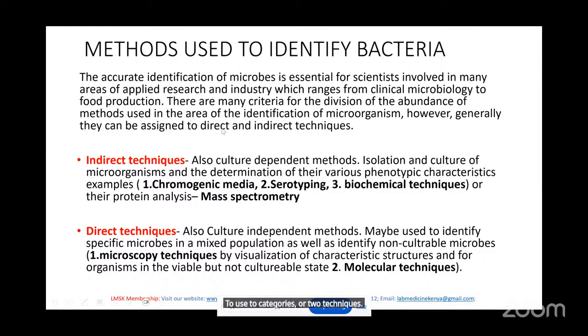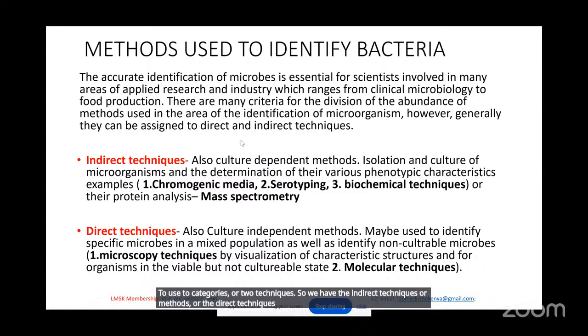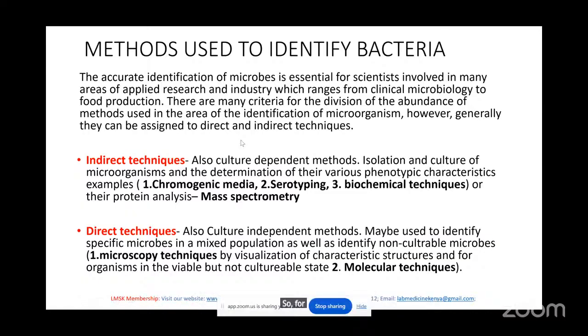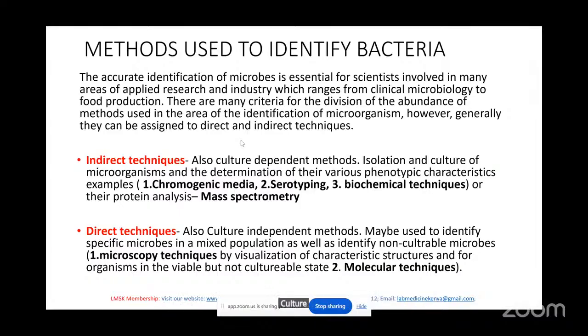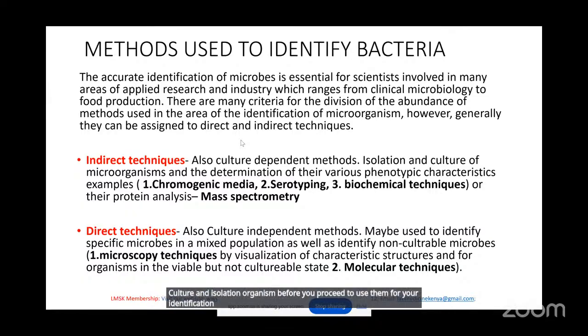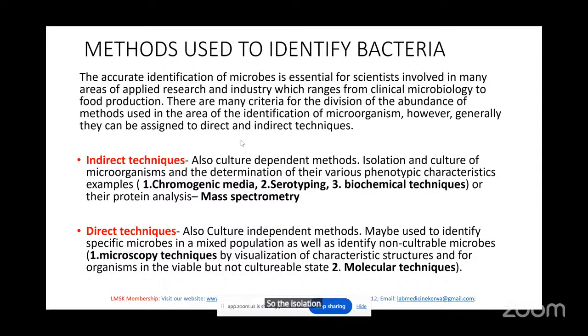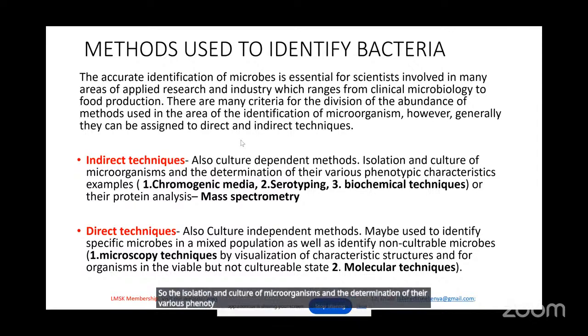We have the indirect techniques or methods, and the direct techniques or methods. The indirect techniques are culture dependent methods. These are methods that will require you to first culture and isolate an organism before you proceed to use them for identification purposes. So this involves the isolation and culture of microorganisms and the determination of their various phenotypic characteristics.